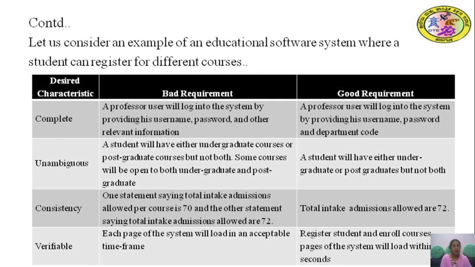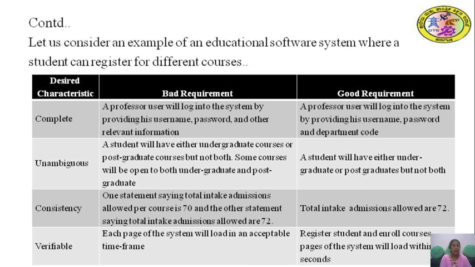So let us have a look at the first characteristic, that is completeness. Each and every requirement, as we already know, should be complete. For example, here the bad requirement says a professor user will log into the system by providing his username, password and other relevant information.